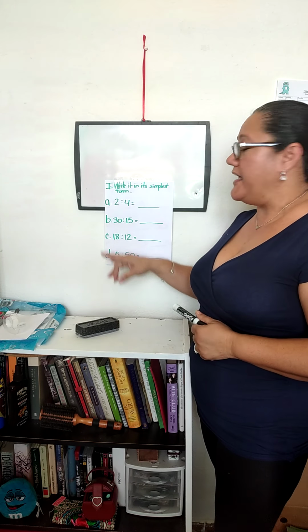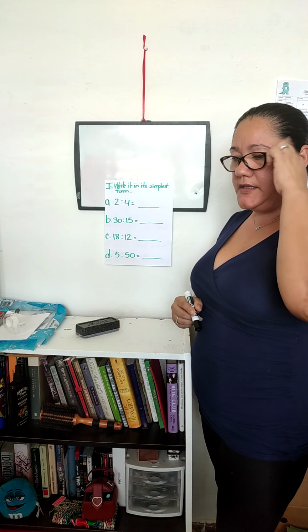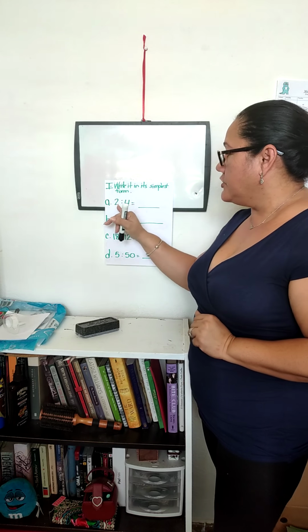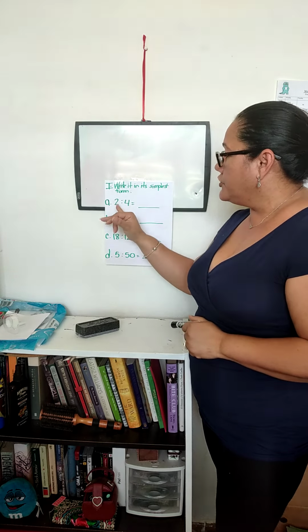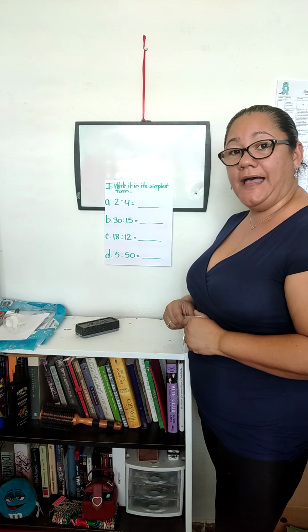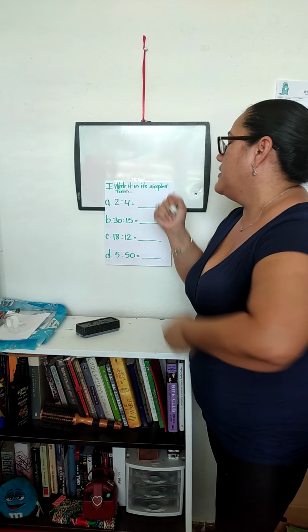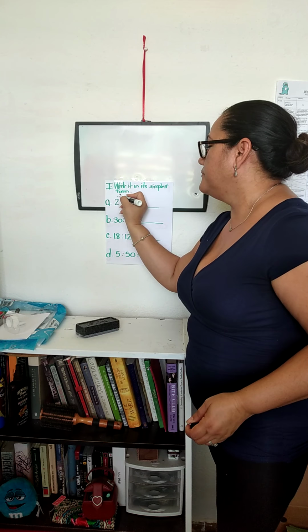So A, we have 2 ratio 4. The first thing that we're going to do is think about a number that will divide both 2 and 4 to reduce to the simplest form. 2 and 4 have 2 as that number. So we divide by 2.